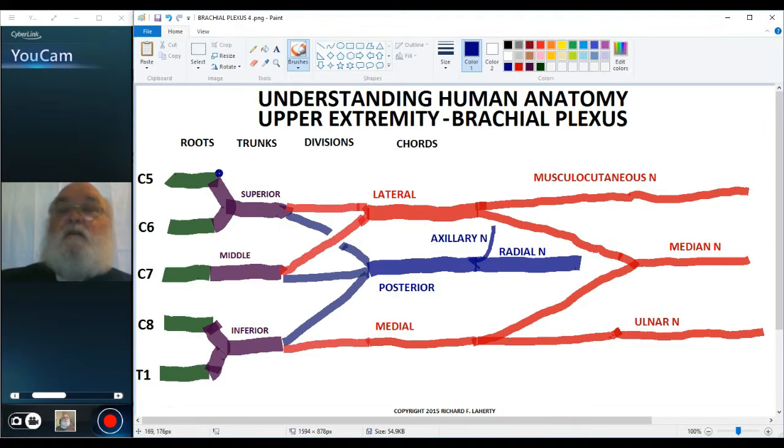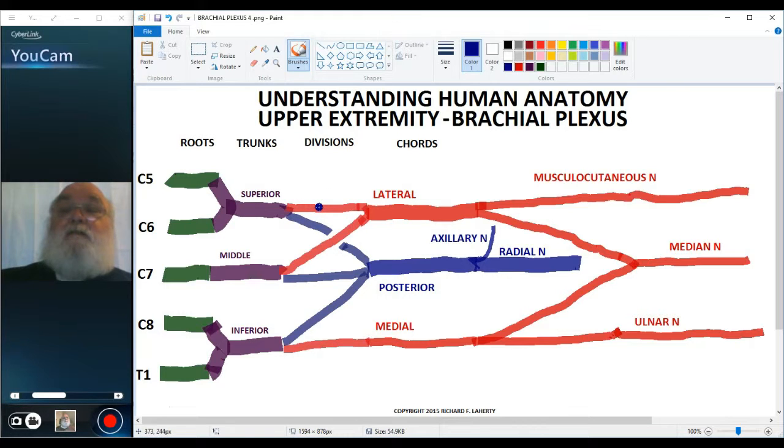So, we start with 5 roots, beginning with C5, and each root is from an anterior ramus of the nerve. The roots, in turn, form 3 trunks. The trunks divide into anterior and posterior divisions. So we have 3 anterior and 3 posterior divisions.